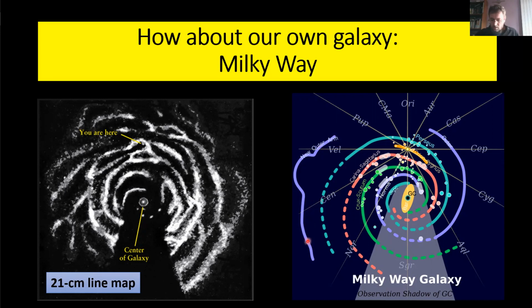Then you see here a new outer arm. So this is basically the structure of our Milky Way. And what we would think it looks like if we could fly outside and take a look from the top.